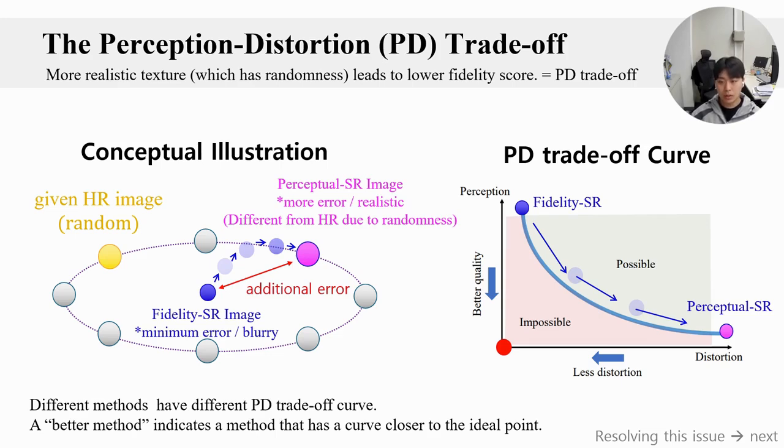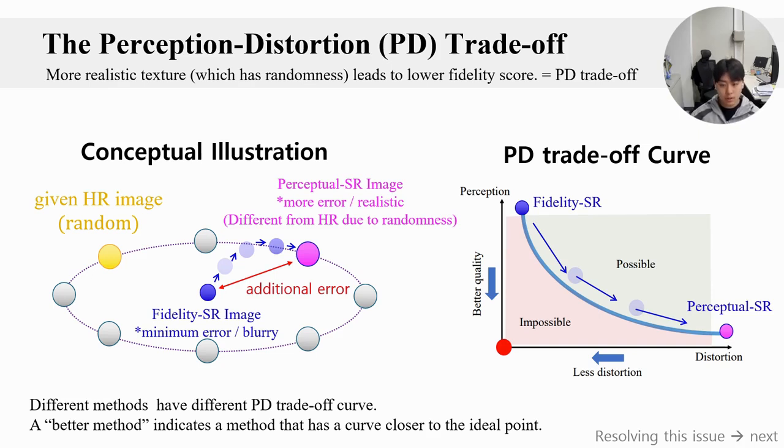Now let's look at the perception distortion trade-off curve on the right side. This curve shows the fundamental relationship between perception, which indicates realism, and distortion, which indicates per pixel error in super resolution models. We have a blue curve here, which indicates the upper bound of an ideal super resolution model.